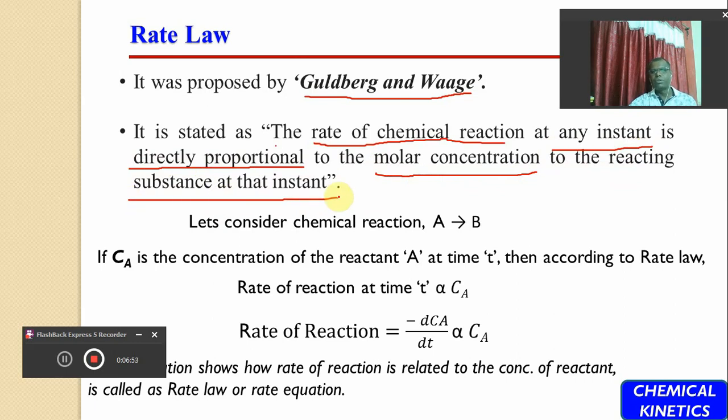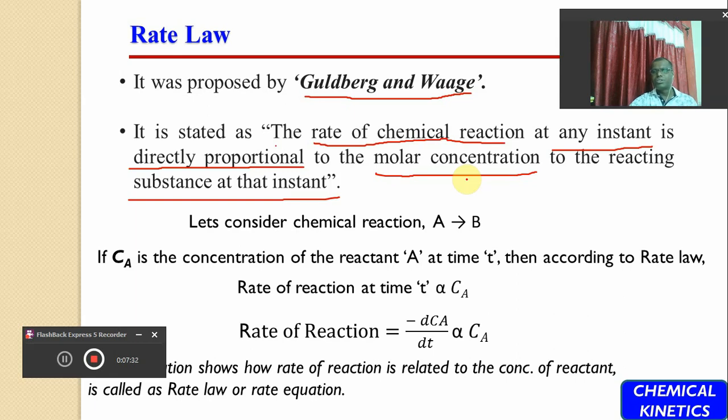This is very important. As you know, as the reaction proceeds and time increases, the concentration of the reactant decreases. So according to the rate law, the rate of chemical reaction at any instant is always directly proportional to the molar concentration of the reacting substance at that instant, not a particular fixed concentration, because the concentration of the reactant always changes during the course of the reaction, and particularly it decreases.